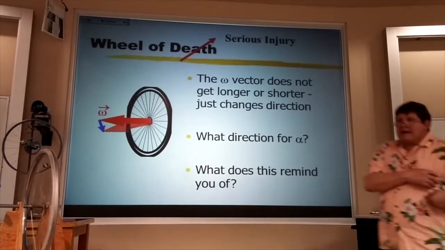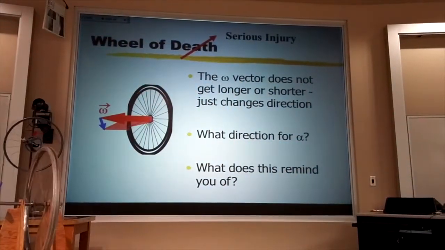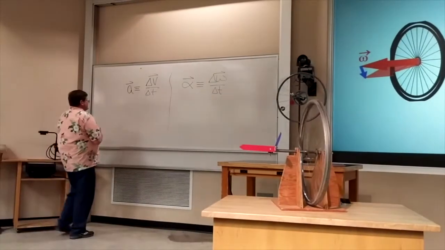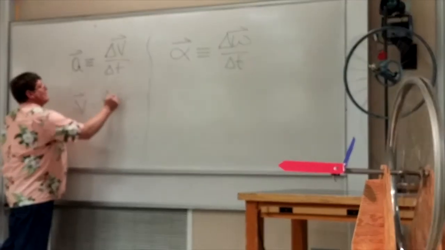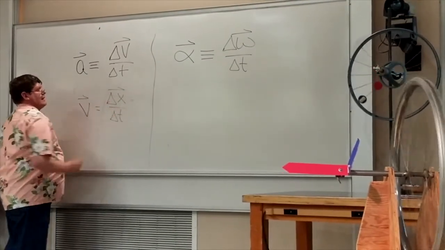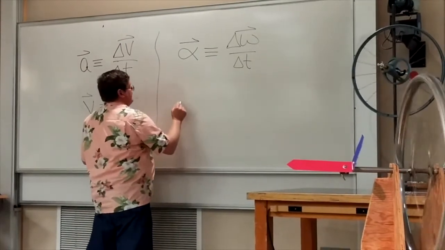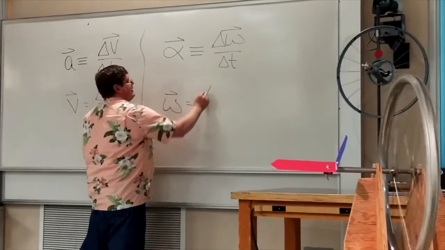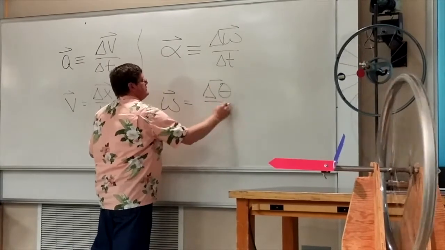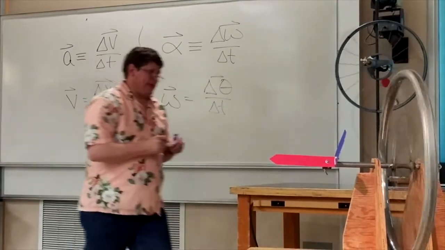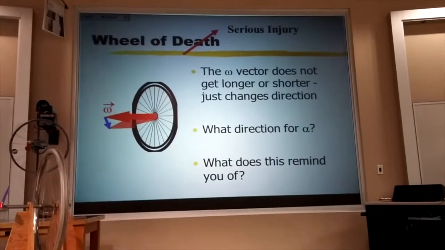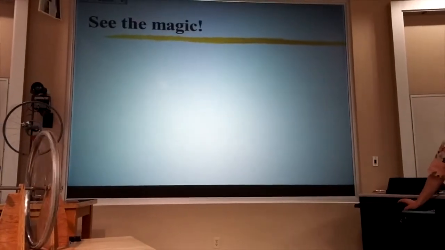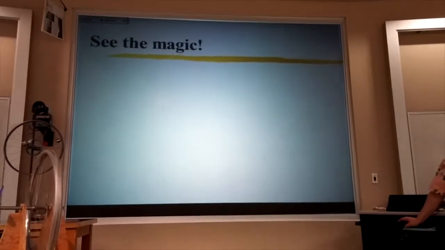Okay. Now here's the magic. Here's the big connection. The definition of linear velocity was how far we got down the road in a second. The definition of angular velocity is how far we get around the wheel in a second. And because those definitions all look so the same, they have the same relationships, we find that the kinematic equations look the same.